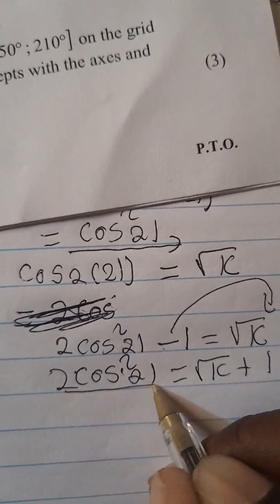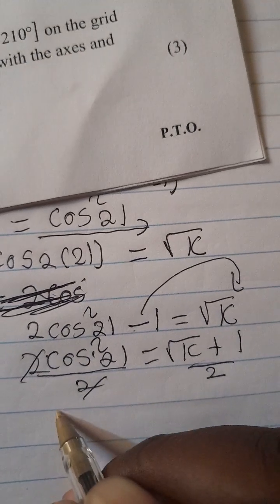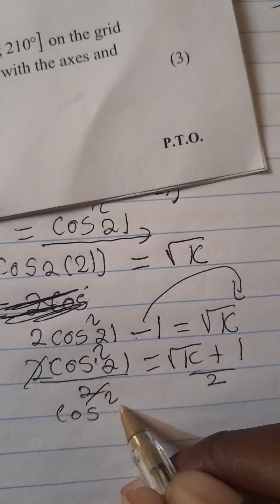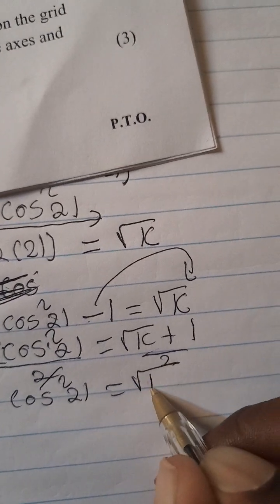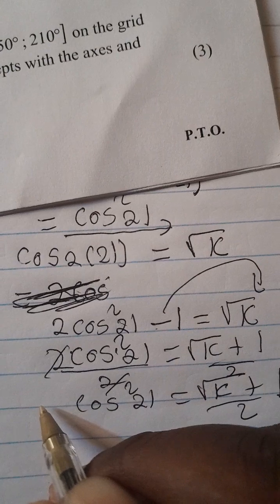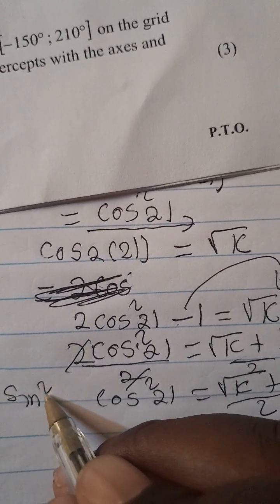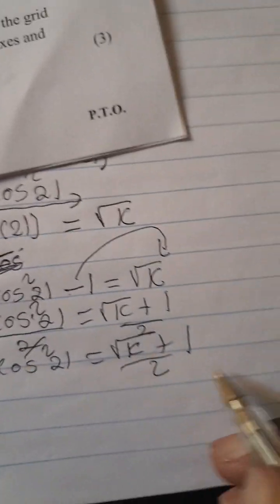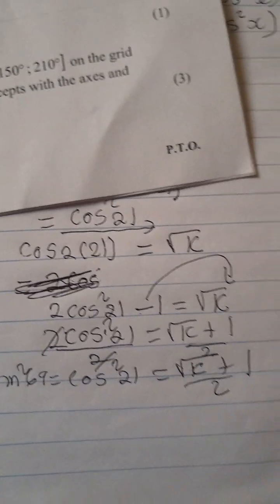Let's divide everything by 2. So all in all, cos squared 21 is equal to root k plus 1 all over 2. So meaning that sine squared 69 will be equal to root k plus 1 all over 2, right?